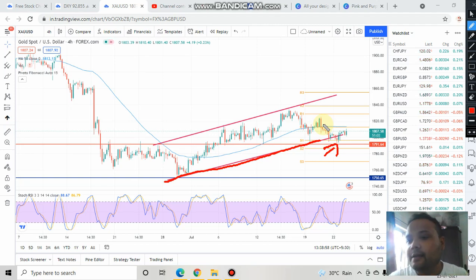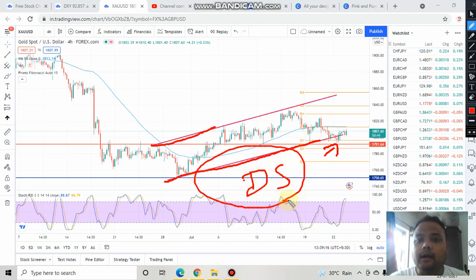I clearly mentioned in my previous video that you should draw these two lines so that you can understand the market better. Considering these two lines, the market is standing at this support level, because this support is a dynamic support for the market. Clear?